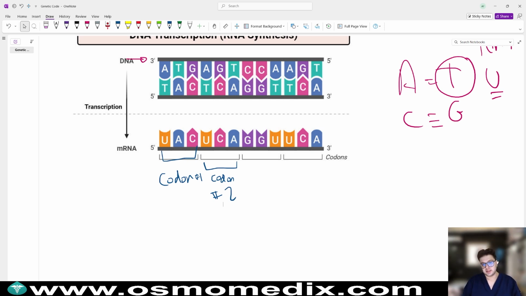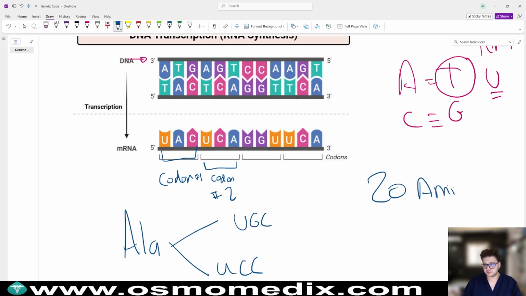This is the idea I want you to grasp: amino acids are represented by more than 20 codons, and I will explain the idea behind this, but it's not on your level.